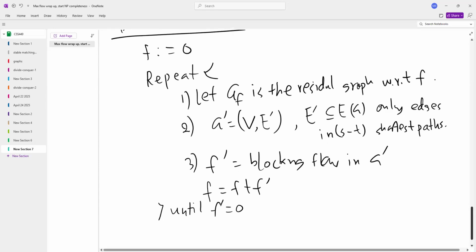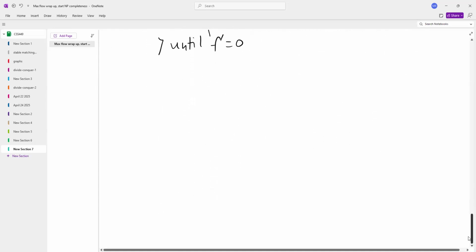Okay. All right. So I think an example is going to make it clearer what's happening here. So let's start with the graph here.